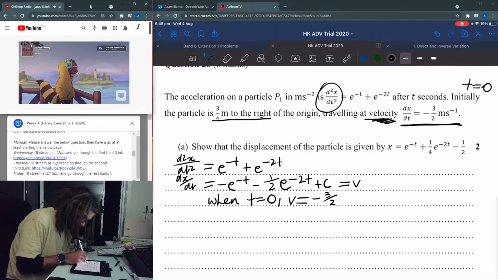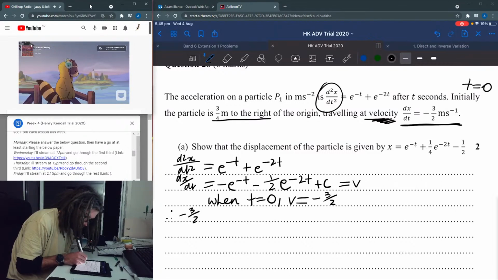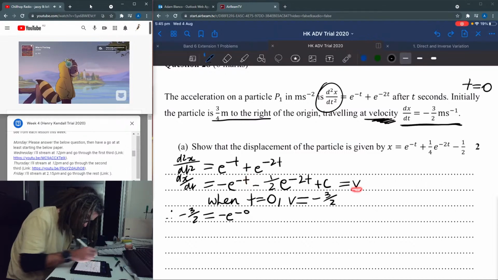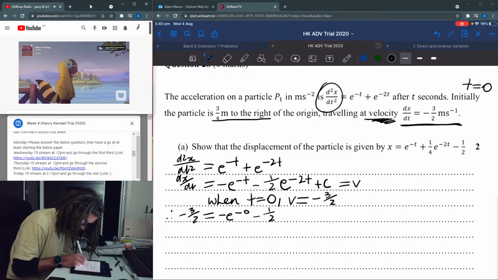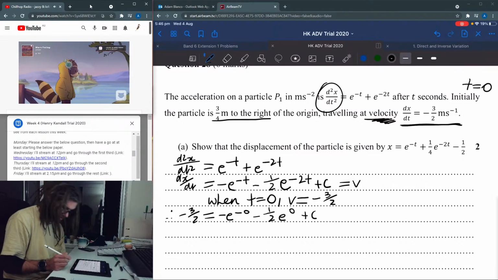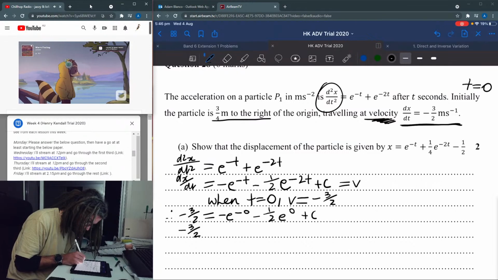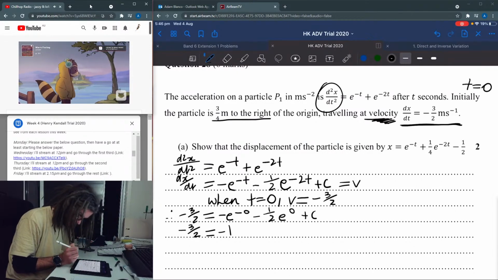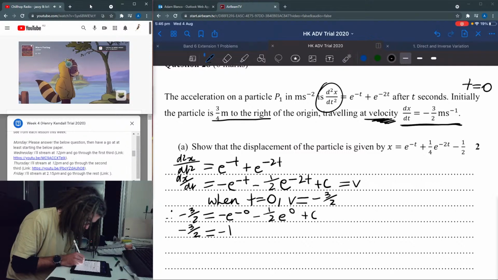So that means minus 3 on 2 is equal to minus e to the minus, so I'm just shoving 0 into here, minus a half e to 0, plus c. Minus 3 on 2. Now that's minus 1, since anything to the power of 0 is 1. Minus a half times 1 plus c.